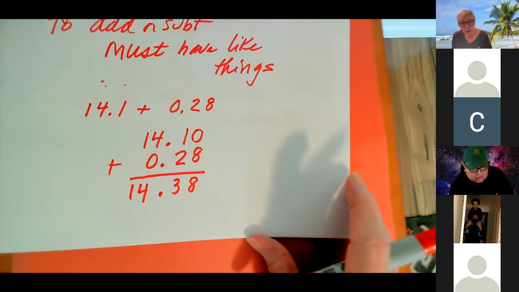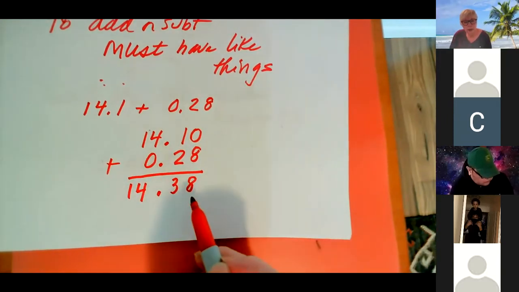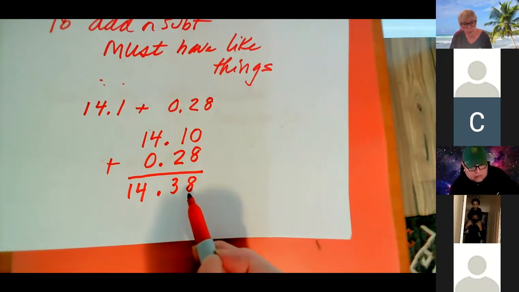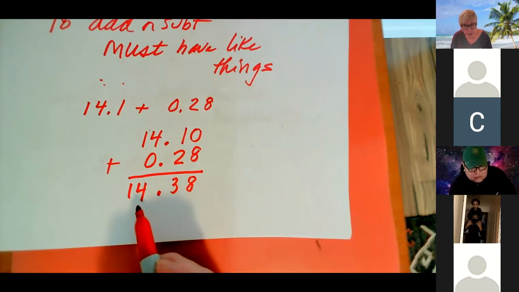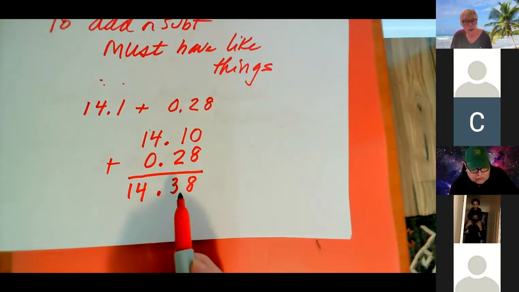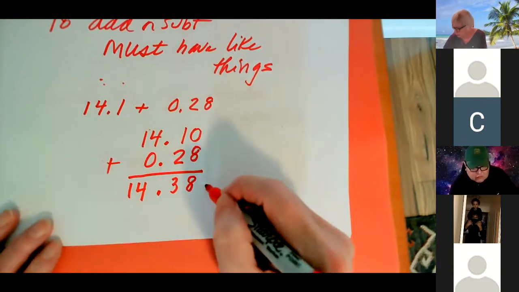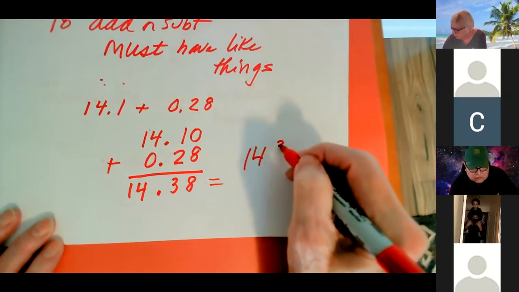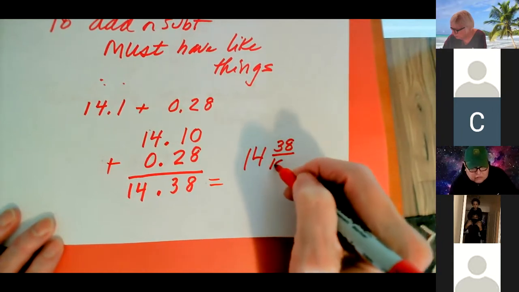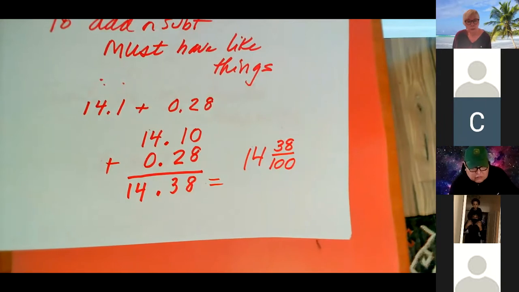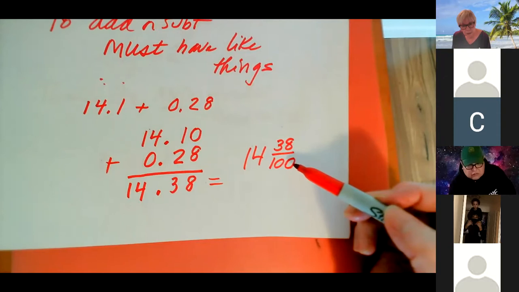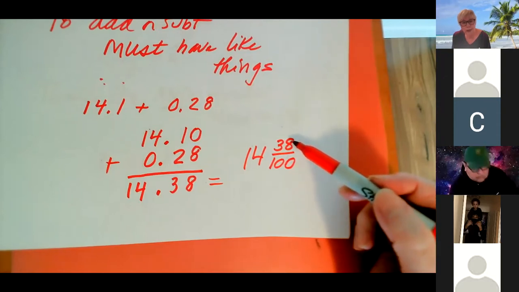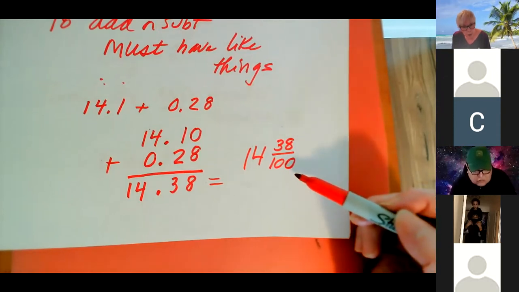Now, if, for instance, they wanted this as a mixed number, the way to write it as a mixed number is to know how to say it. And to say it, it's 14 and 38 hundredths. So the hundredths basically turns the decimal, 0.38, into 38 over 100.